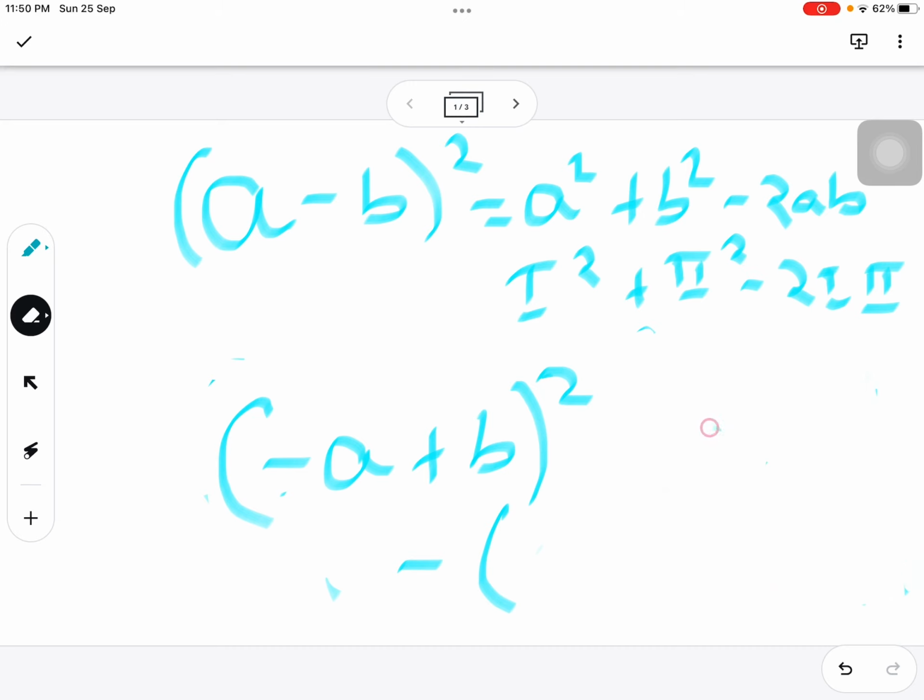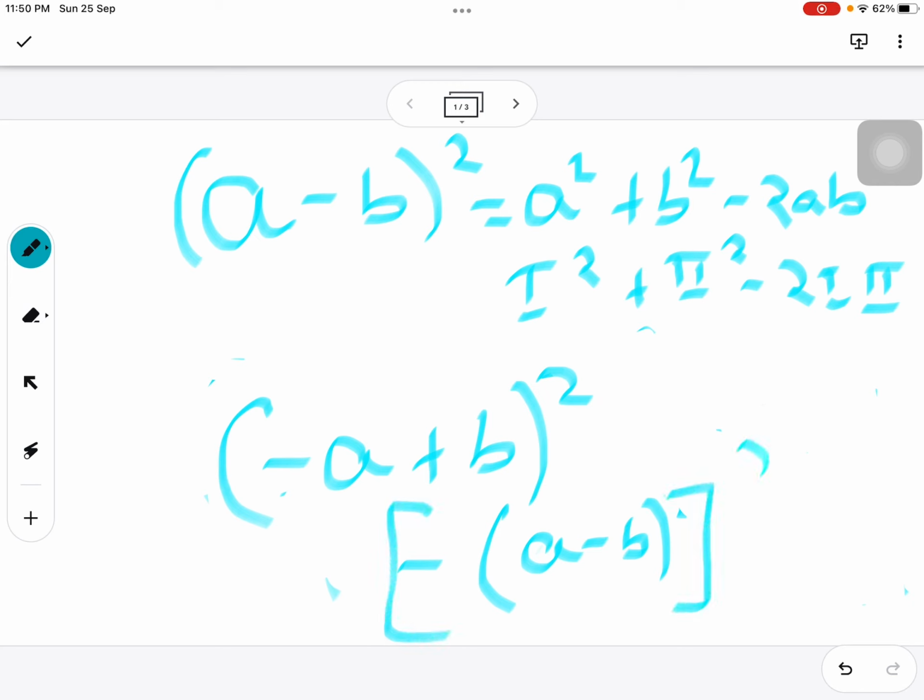So when I take minus sign common over here, this becomes a minus b whole square. If I apply the square to even the minus sign, this negative becomes plus. So minus a plus b whole square is nothing but a minus b whole square. You should keep that in mind.